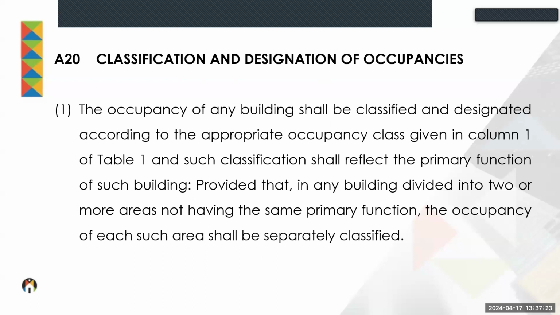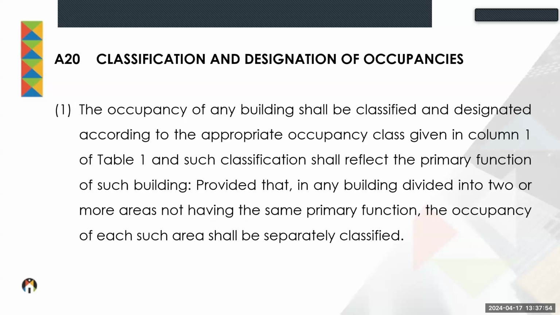And then the classification and the designation of occupancies. Now, first of all, you need to show that on the building plan. Why? Because based on that, certain requirements in terms of the regulations will come into play, and everybody will know what the requirements are in terms of the standards that we must comply with.